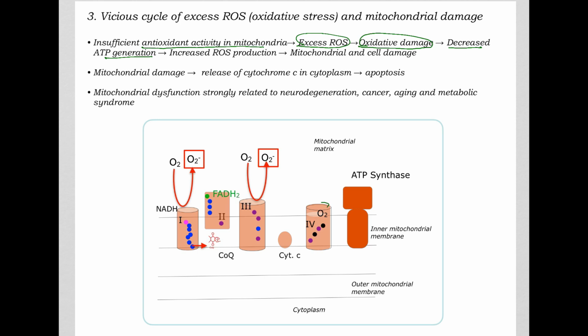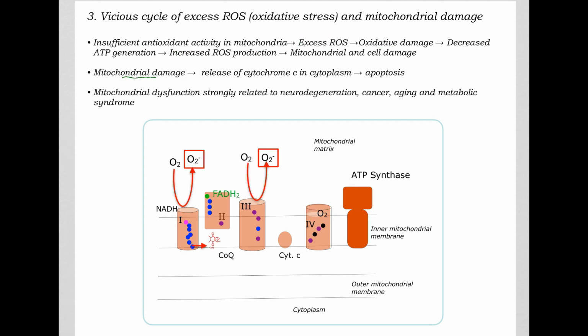So basically, less oxygen will be used up here. If less oxygen is used up at complex 4, that means there's more oxygen available here, and that will cause an increased ROS production, which will then damage the mitochondria as well as eventually damage the cell.